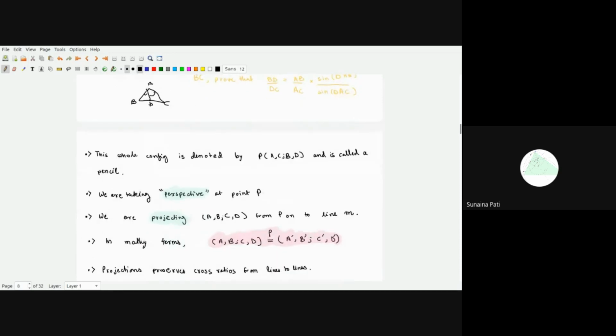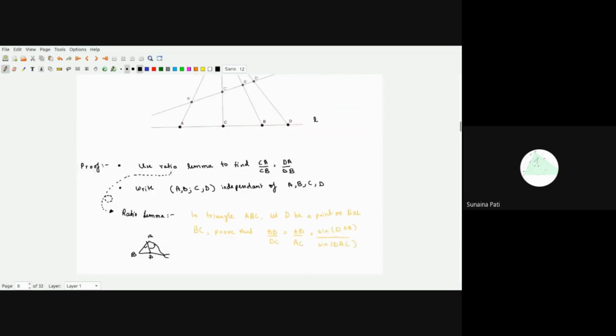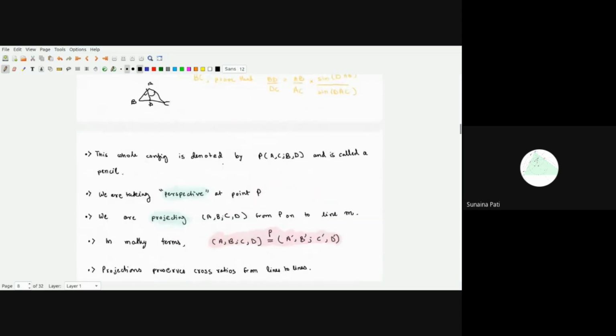Moving on. This whole configuration is denoted by P(ABCD), that is, P and then the cross ratio of ABCD, because there's a perspective from point P. You're projecting from point P to different lines, and the cross ratios are always preserved.